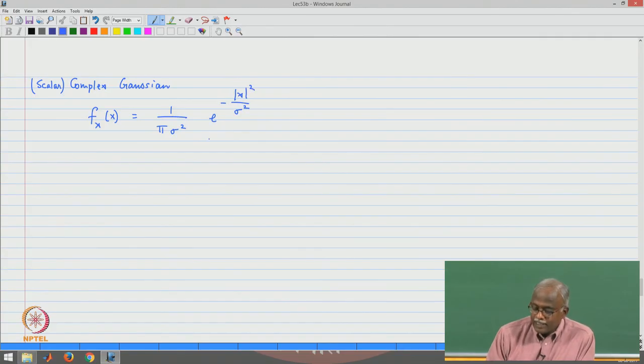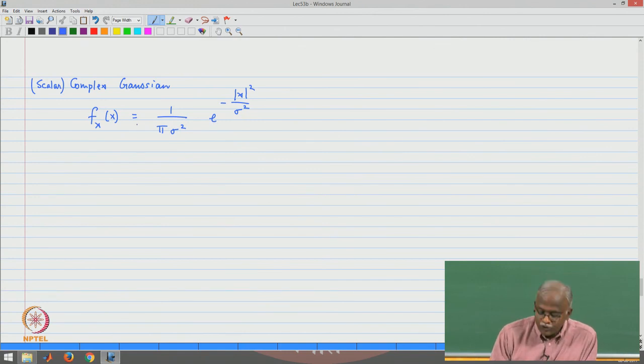You can refer to books like Proakis to confirm that this is the probability distribution function of a complex Gaussian variable.